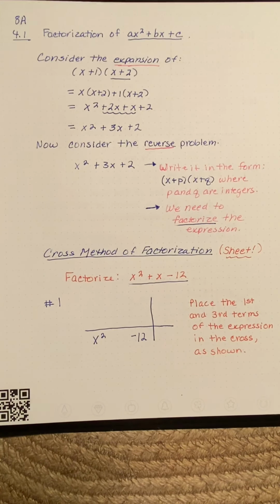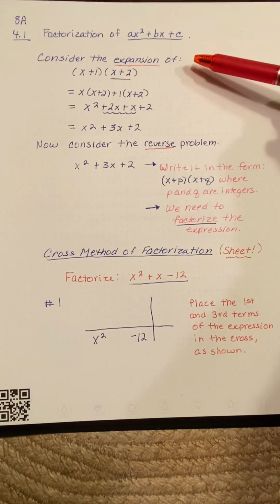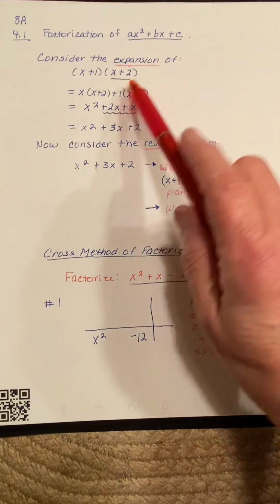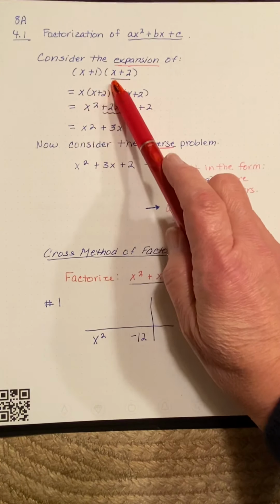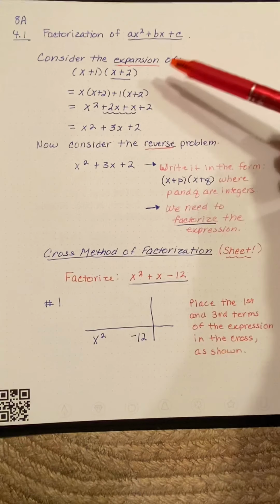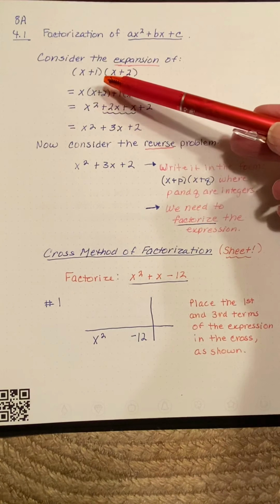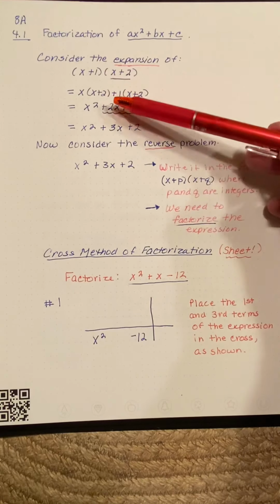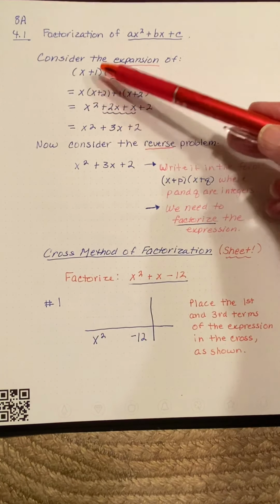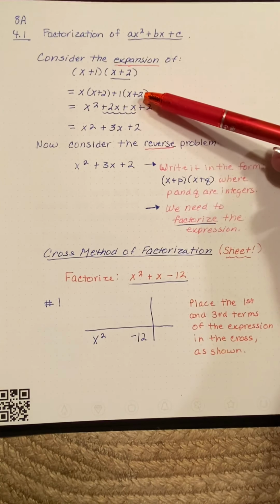So, please take these notes. First of all, consider the expansion of x plus 1 times x plus 2. Now, we've done this already, so we distribute first x times the x plus 2, and then the positive 1 times the x plus 2.